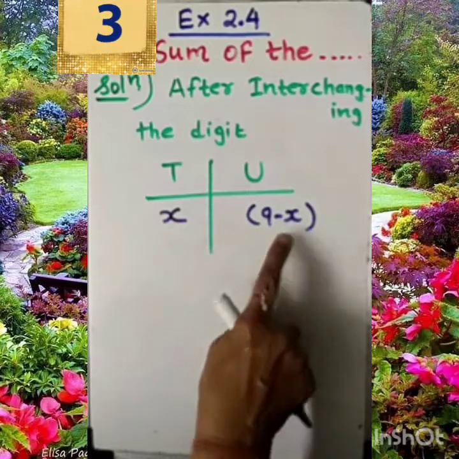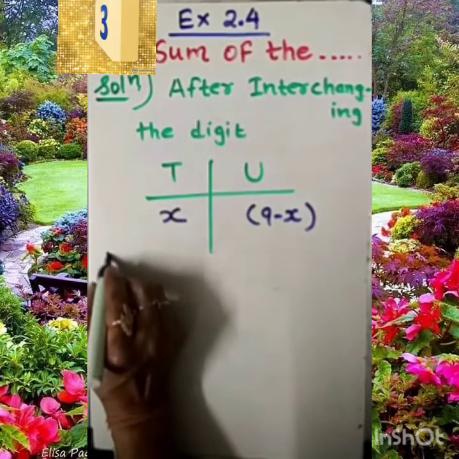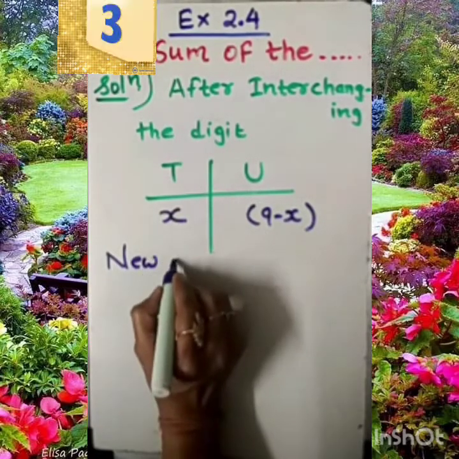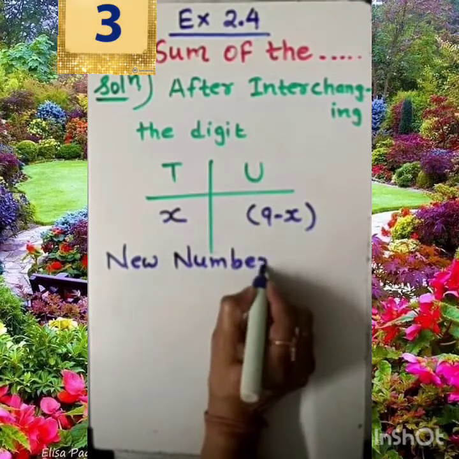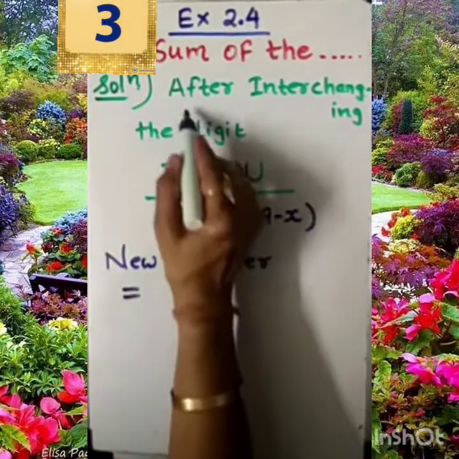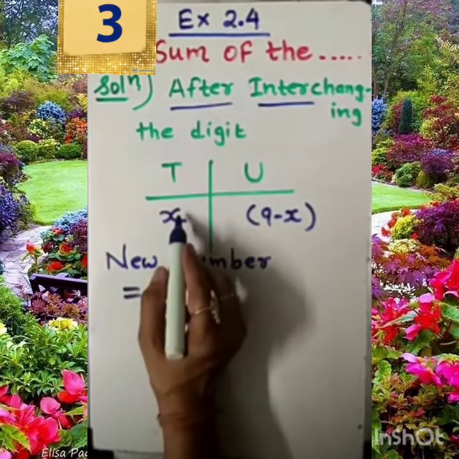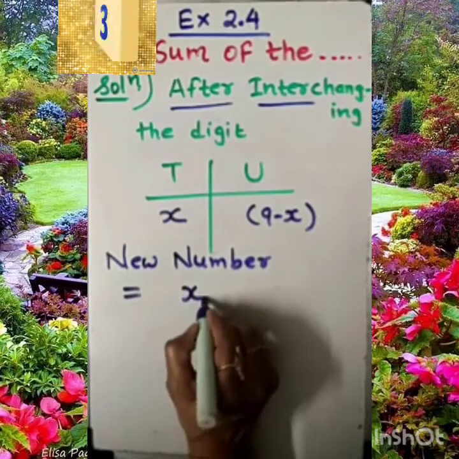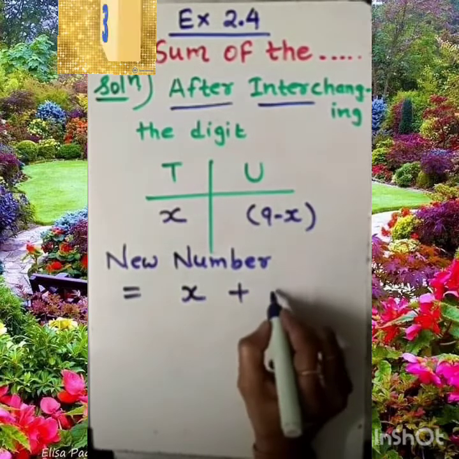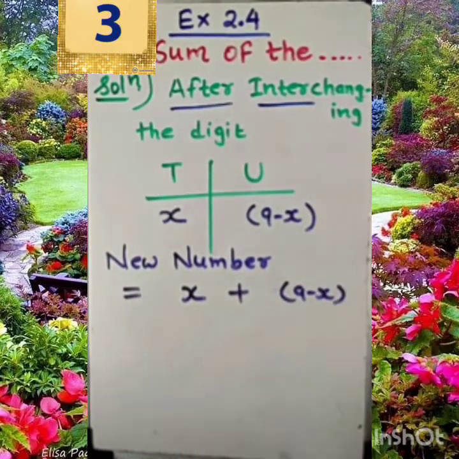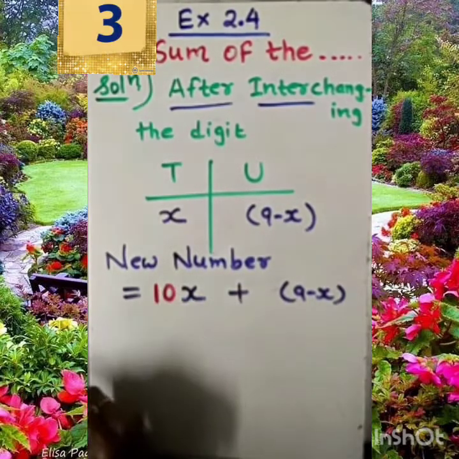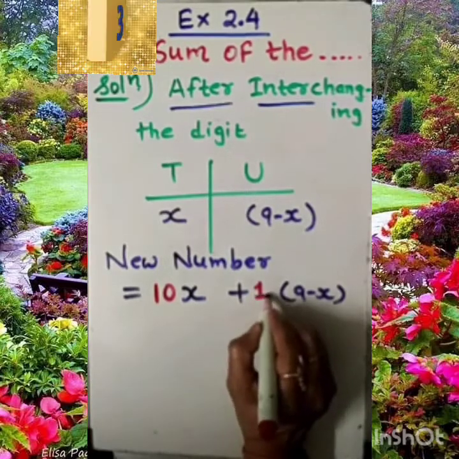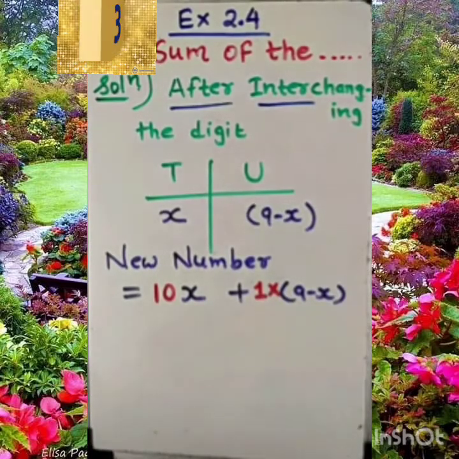Clear to you? So dear student, the newly formed number after interchanging the digits, this is a very important point. Here we have x plus, and here 9 minus x. This x will be multiplied by 10 because it is now the tens place digit, and the other is the unit place digit, so it is multiplied by 1.